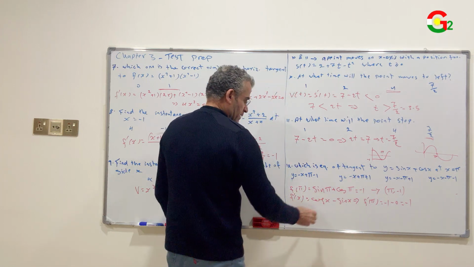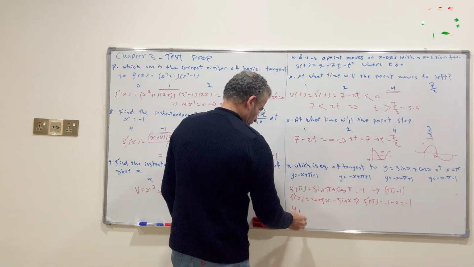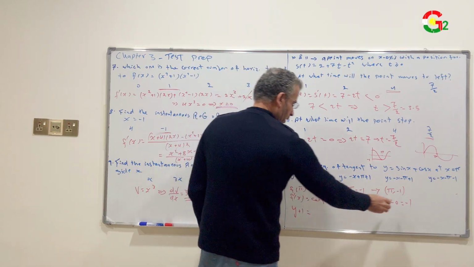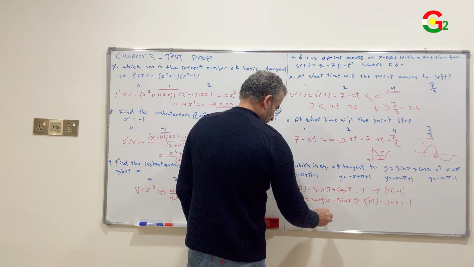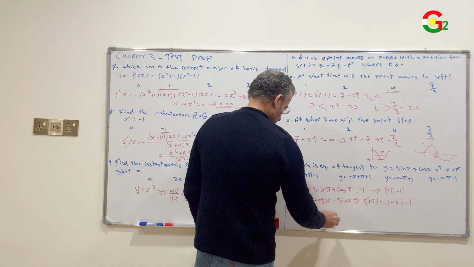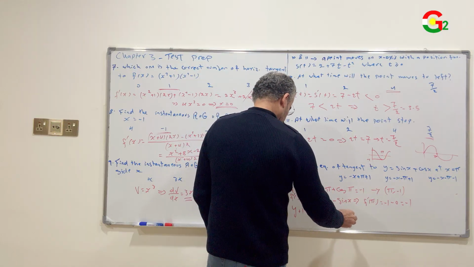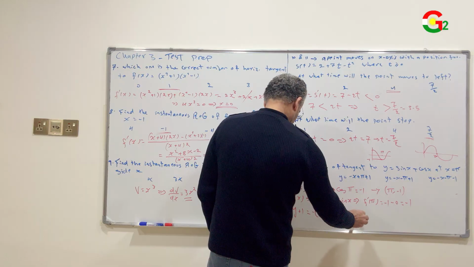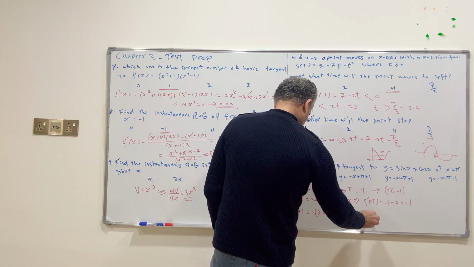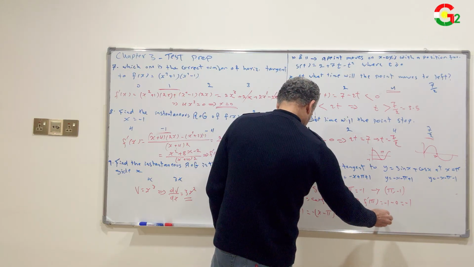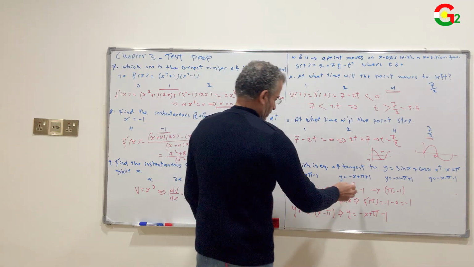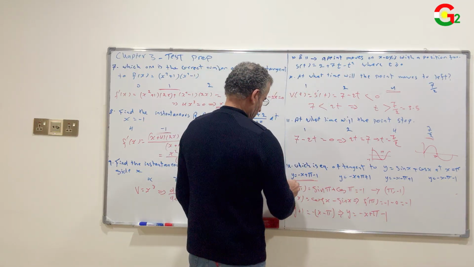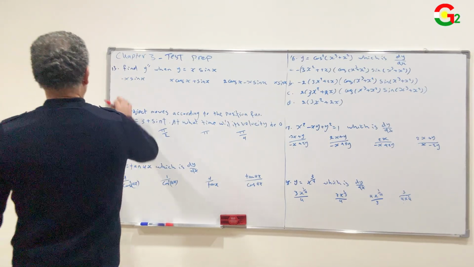Therefore, y minus y1 will be +1 equal to the slope -1 times x minus pi x1 equal to y equal to -x plus pi minus 1. Choice A.